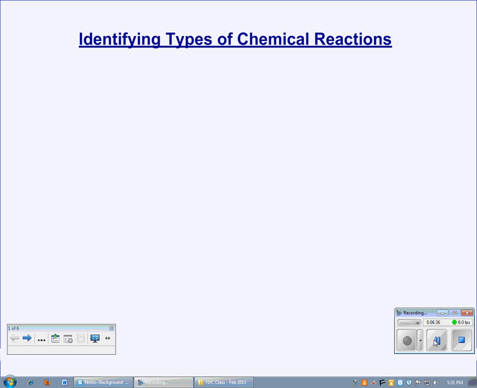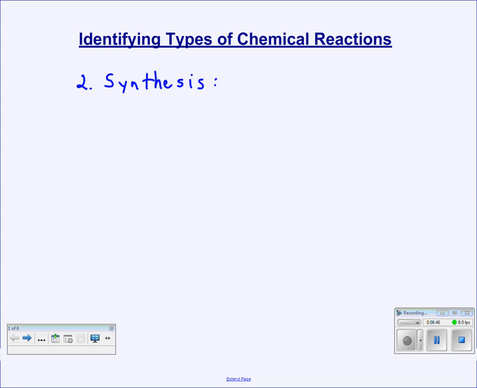Now let's look at the next type. Synthesis. A synthesis reaction is just what you would think of the word synthesis means. It's where a single product is made from two or more reactants.